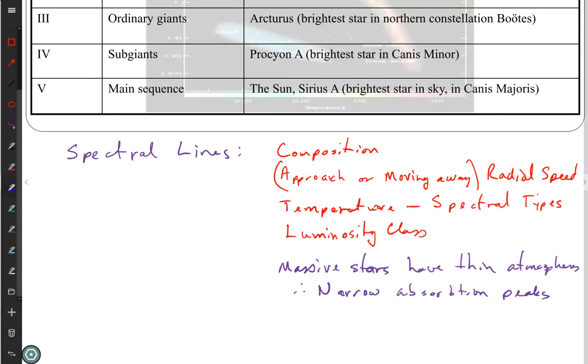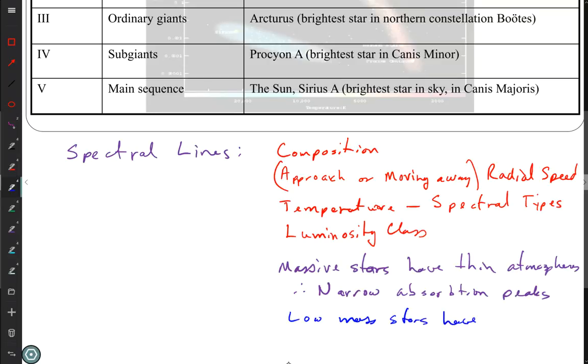Conversely, low mass stars have broad absorption peaks. Absorption, I spell it two different ways.